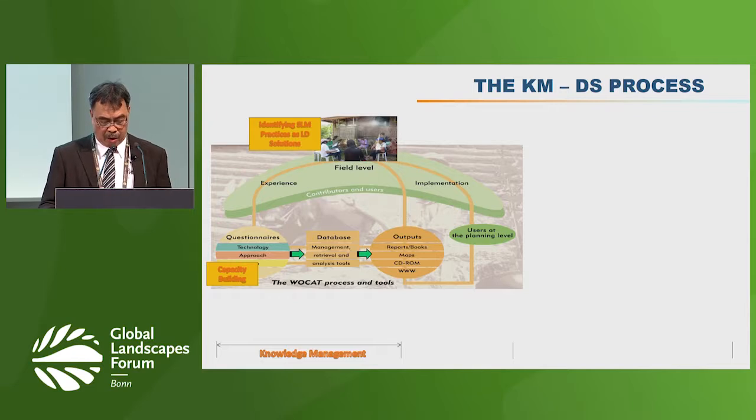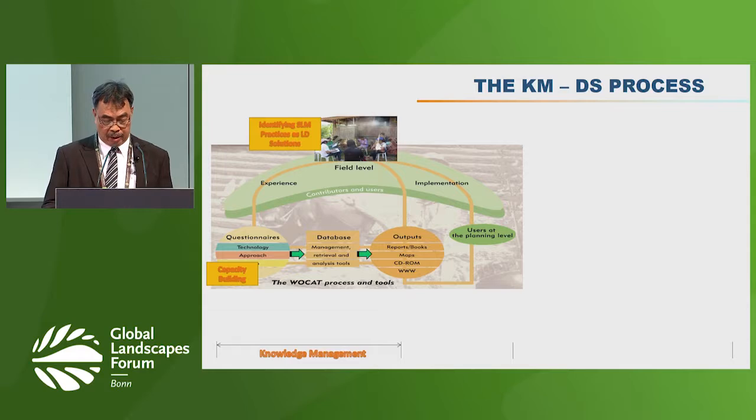In the process, we used the WOCAT questionnaires on technology and approaches, from which we generated a good number of knowledge products in terms of reports, books, IEC materials, videos, and also websites, which could be used at the planning level, looking at this particular framework.